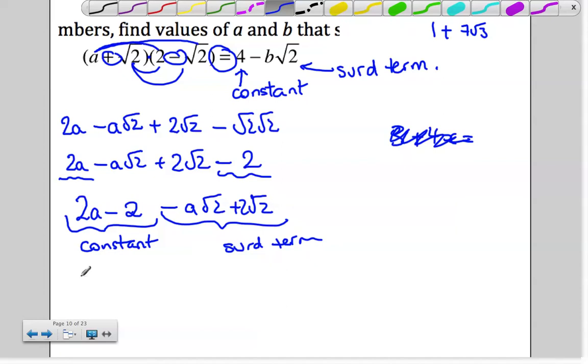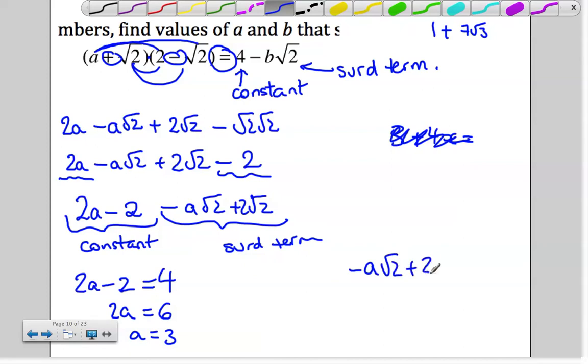So 2a minus a minus 2 has to be equal to the constant term here, which is 4. Gives me 2a equals 6 and a equals 3. And then the surd term on this side is minus a root 2 plus 2 root 2 equals minus b root 2. But a is now 3.